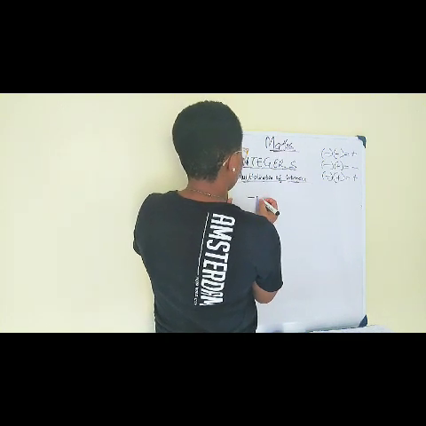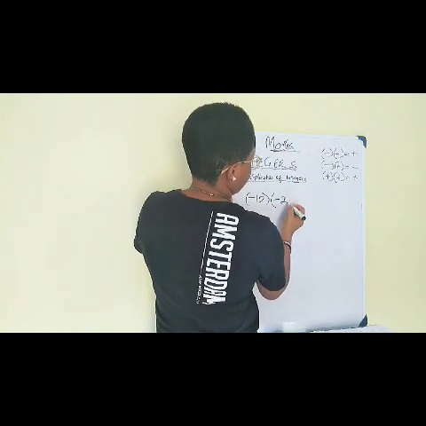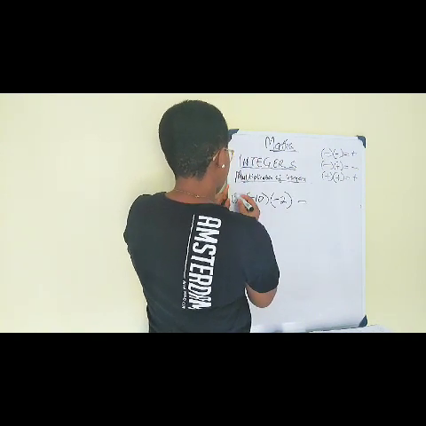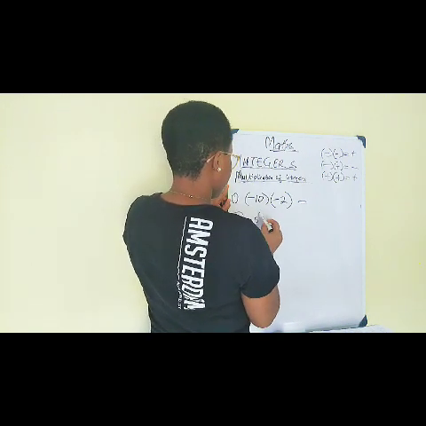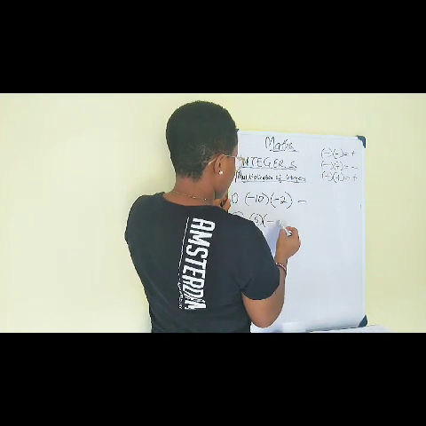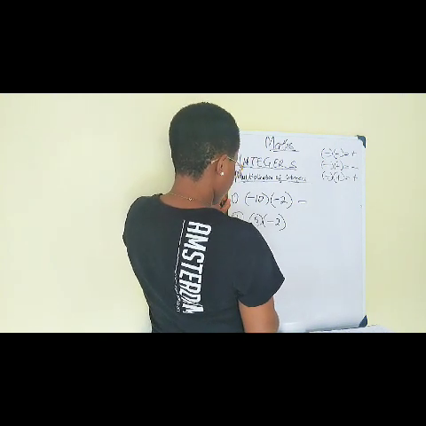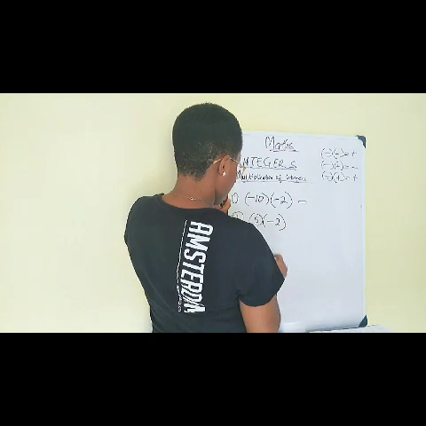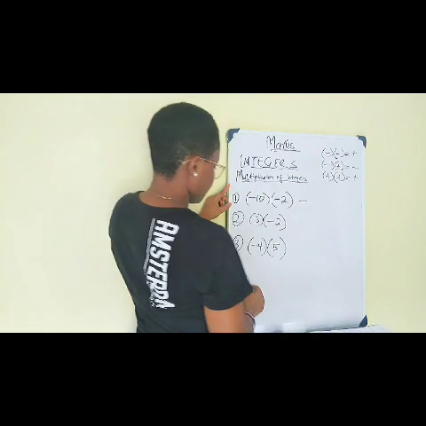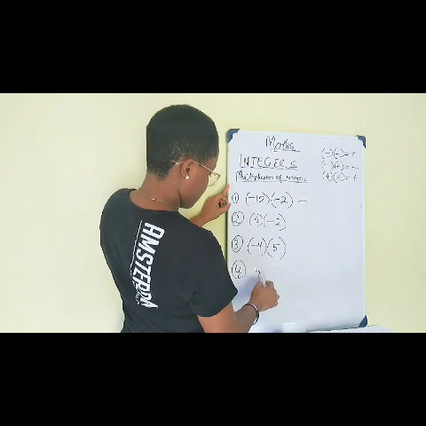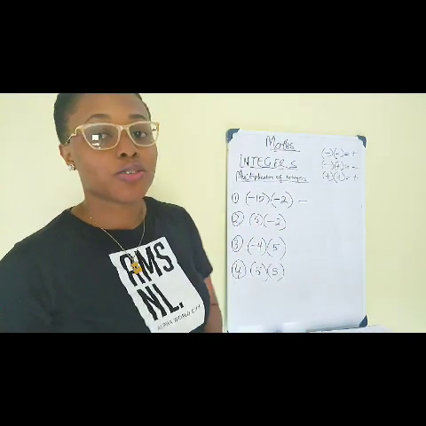So you have negative 10 times negative 2, positive 5 times negative 2, negative 4 times positive 5, and positive 5 times positive 5. So guys, you can go ahead and pause the video and try to solve this problem.